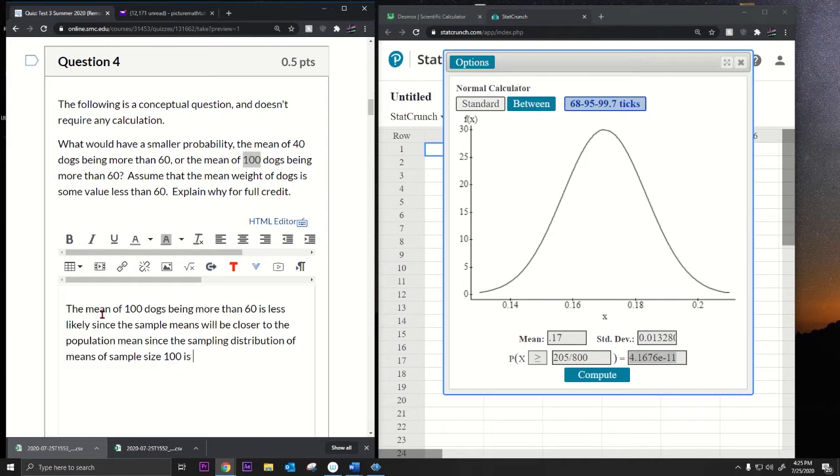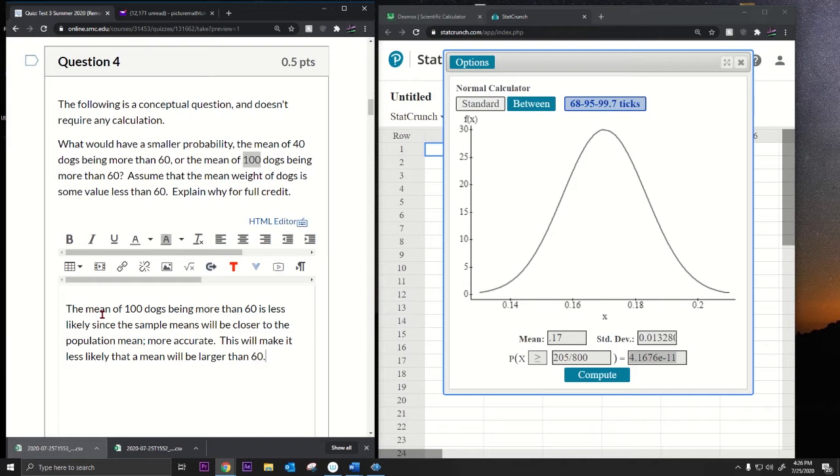The mean of 100 dogs being more than 60 is less likely since the sample means will be closer to the population mean. I'm getting too complicated. More accurate. This will make it less likely that a mean will be larger than 60.